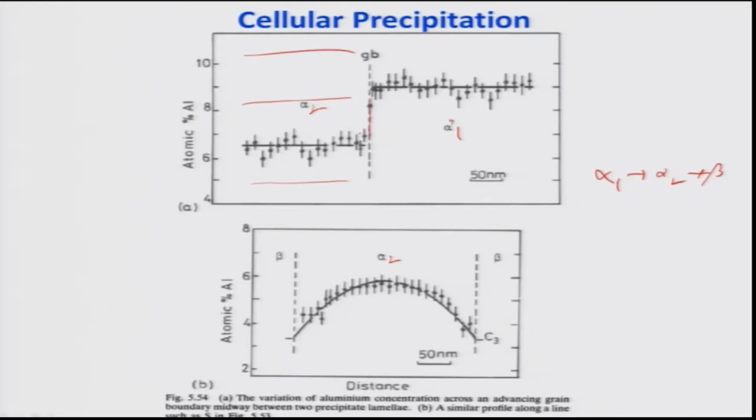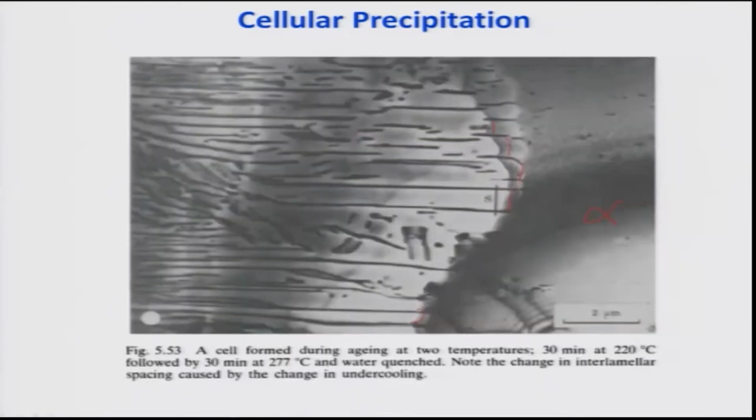Now, one can also look at the concentration of the aluminum in the alpha matrix along these lines, okay. If I draw a line S, you see here there is a line drawn. There are Mg17Al12 precipitates on both sides, and there is alpha in between, alpha 2 rather. So, this is alpha 2, this is beta.